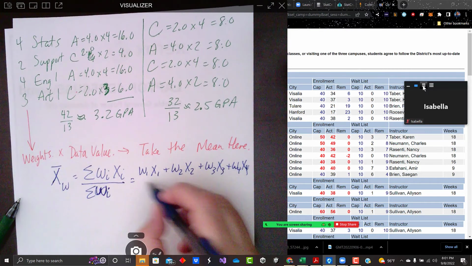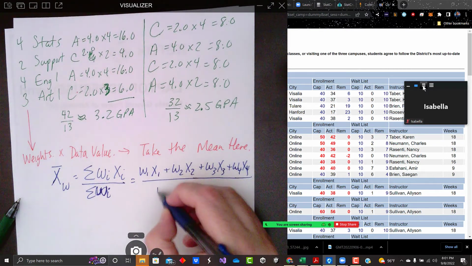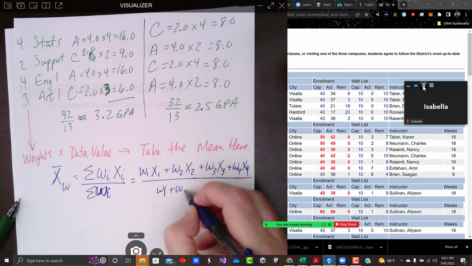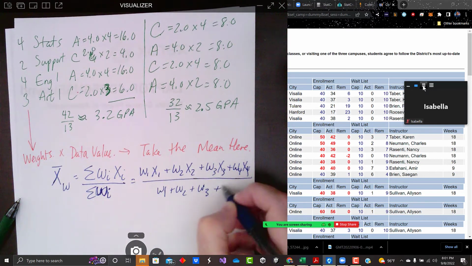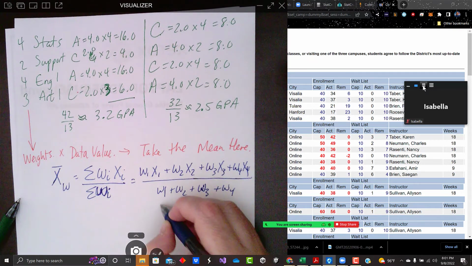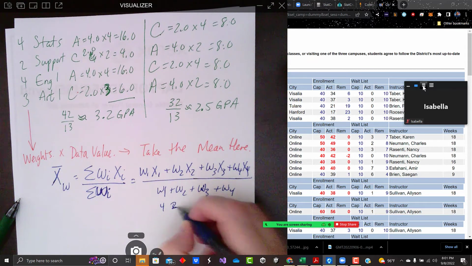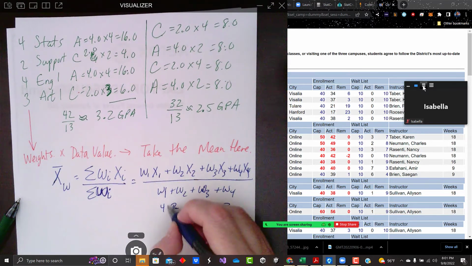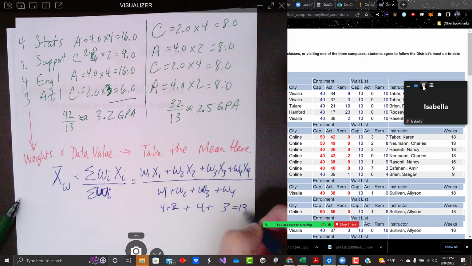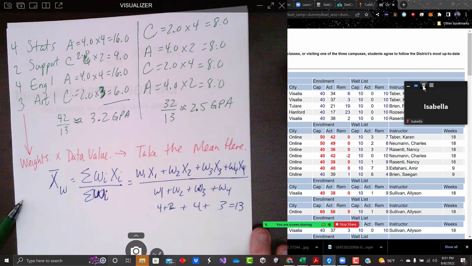And the sum of the weights, these were weight 1 plus weight 2 plus weight 3 plus weight 4. This was my 4, 2, 4, and 3. That's where I got 13. So that's the formula they give you. I don't know that seeing a formula is helpful.